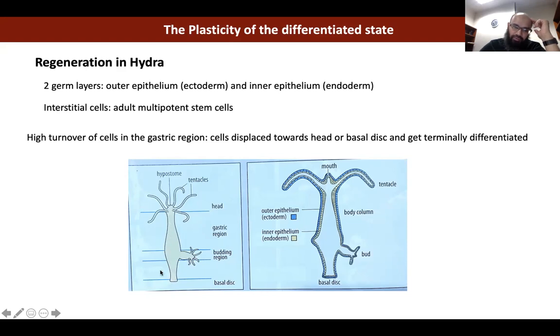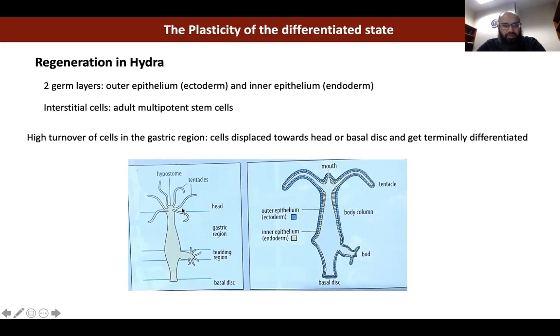That's why if you make a cut here on the basal side, it will never grow into a head, because the signal intensity of inhibitory signals for head is maximum at the basal side, and vice versa. The inhibitory signals for basal disc are maximum on the other side, so if you make a cut there, the inhibition will be very strong and it will never grow into the tail region.